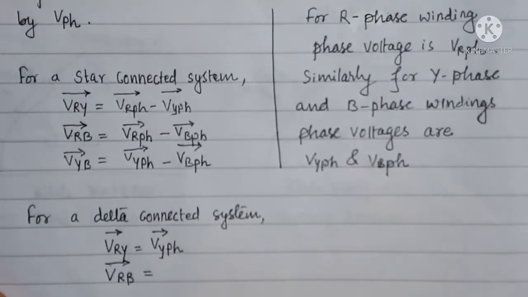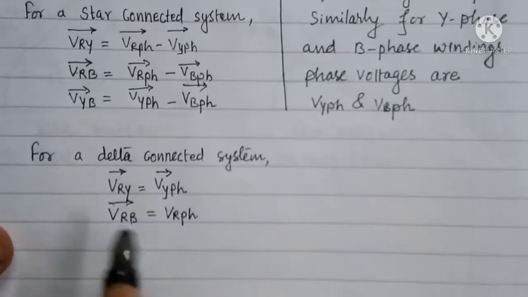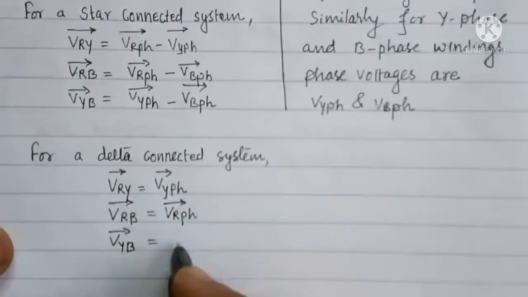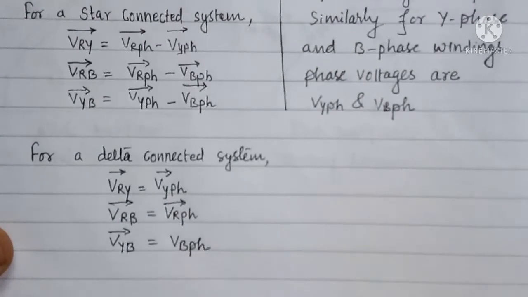VRB is equal to VRPH, and VYB is equal to VBPH.